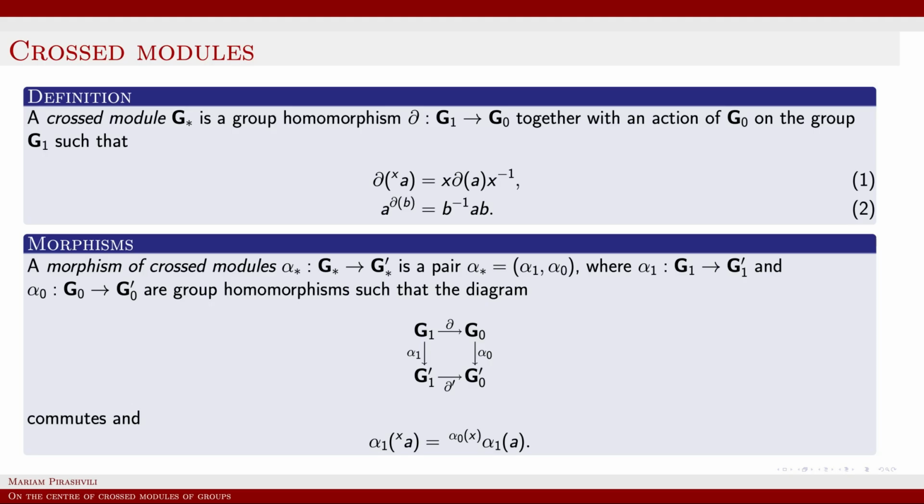And we have a category of crossed modules, with objects being these homomorphisms between groups. We can also say what a homomorphism is between two such objects. It's a fairly straightforward definition: we have homomorphisms, the square commutes, and they play nicely with the action.